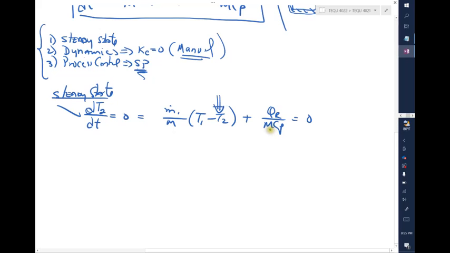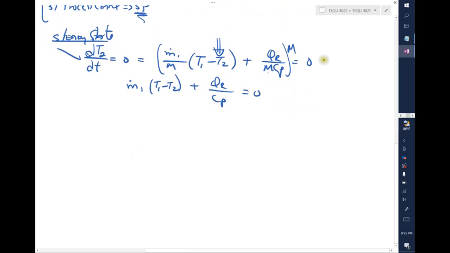Notice that if you multiply the whole thing by M, it cancels out. M times 0 is 0, so you end up with M1 (T1 minus T2) plus QR over Cp equals 0. So the M disappears.